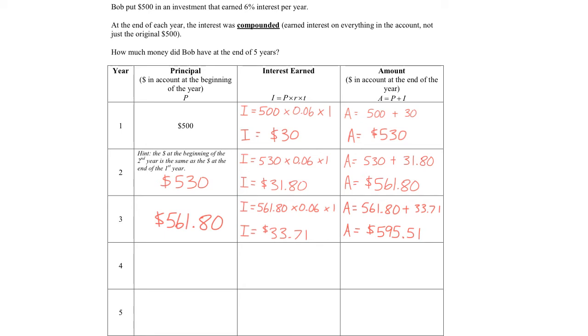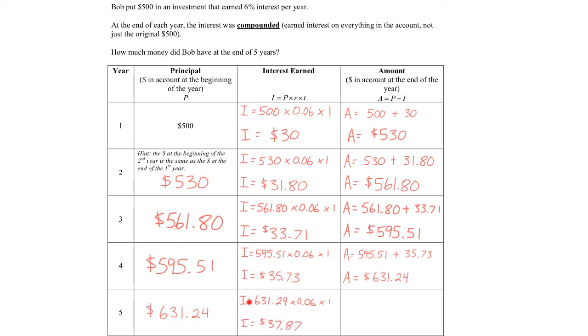$595.51. And again, in the fourth year, he's going to start with $595.51. He's going to earn 6% interest for that year, which ends up being $35.73. If we add those two together, we get the total amount in the account. So at the end of the fourth year, he has $631.24. So at the start of the fifth year, he has $631.24.